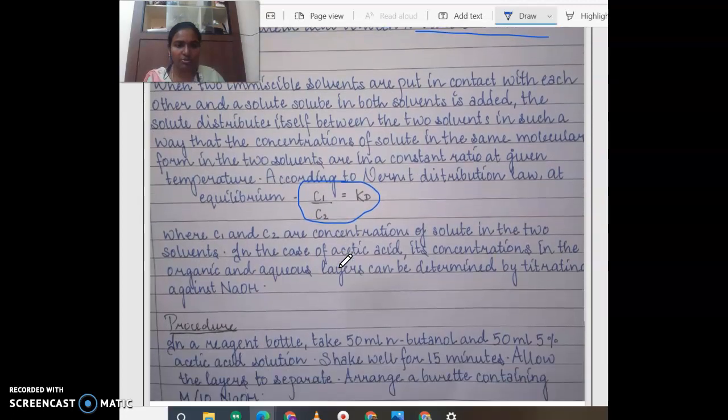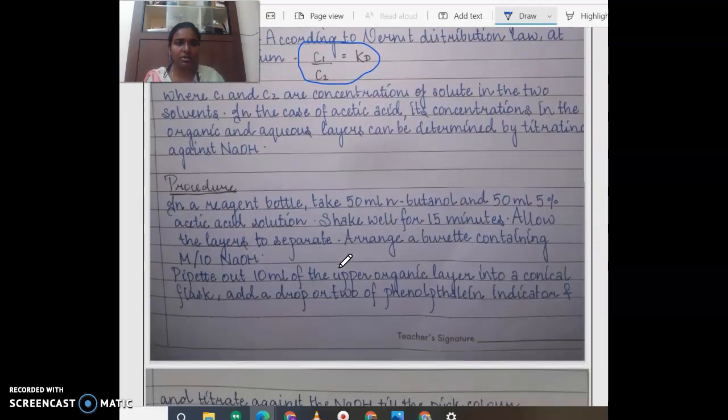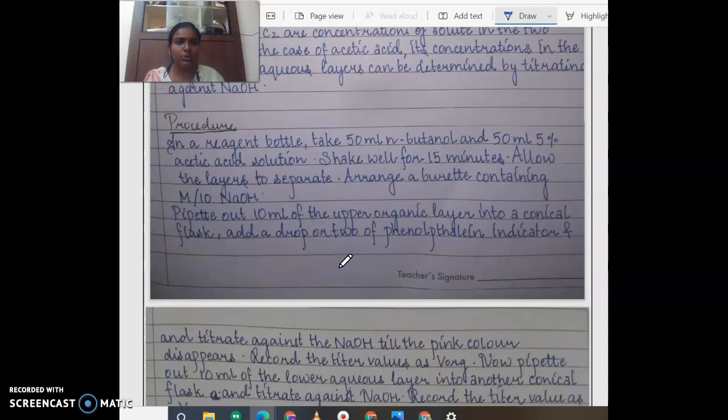Then what is the procedure? For this experiment, we will take two reagent bottles.